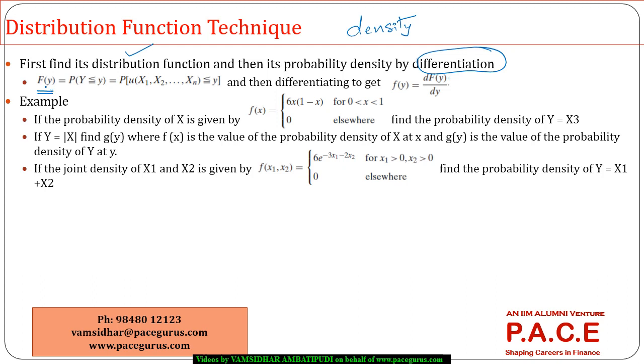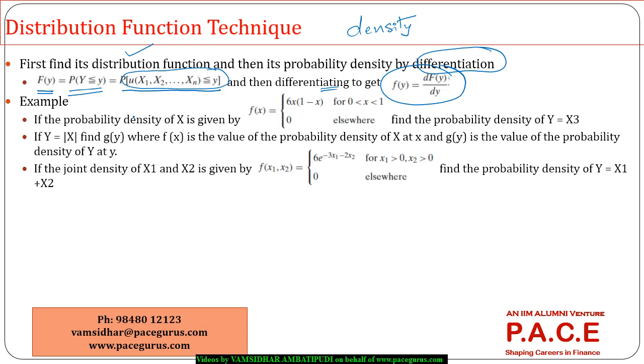The distribution function is capital F of y, which is the probability of Y less than or equal to y, which is nothing but the probability of this function of x less than or equal to y. Then you find the derivative of it to get f of y, the density function of y. So you always start with the distribution function of y and then arrive at the density function by taking a derivative.